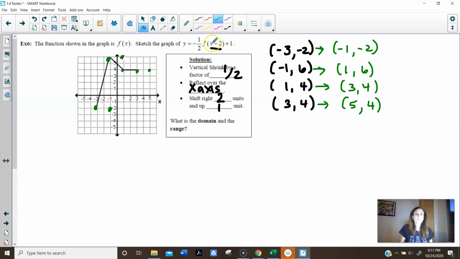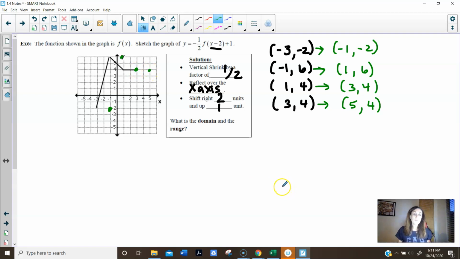All right, the next thing we're going to do is reflect these new 4 points over the x-axis. So I'm going to erase, we're getting so many points on this graph that I'm going to leave it to the 4 points. So our 4 points are here, here, here, and here.